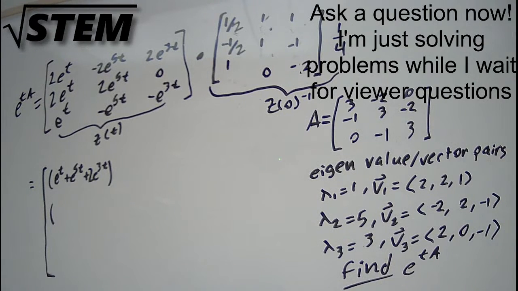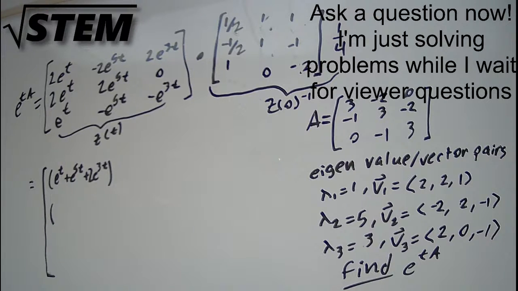Let me check. We take first column times the top row for the first entry.